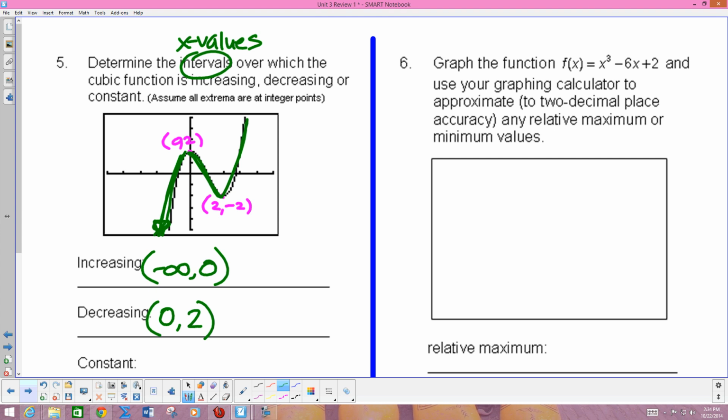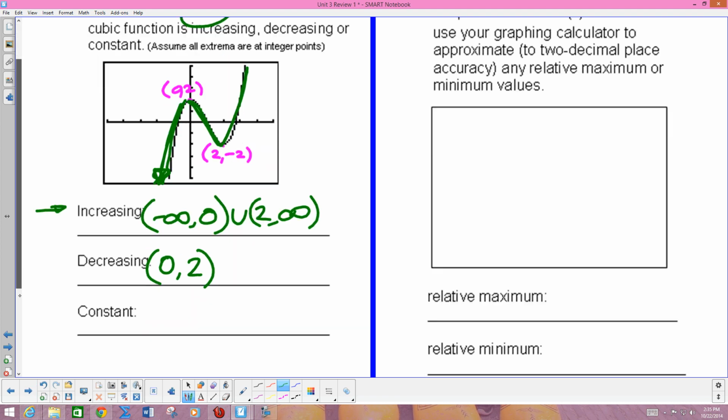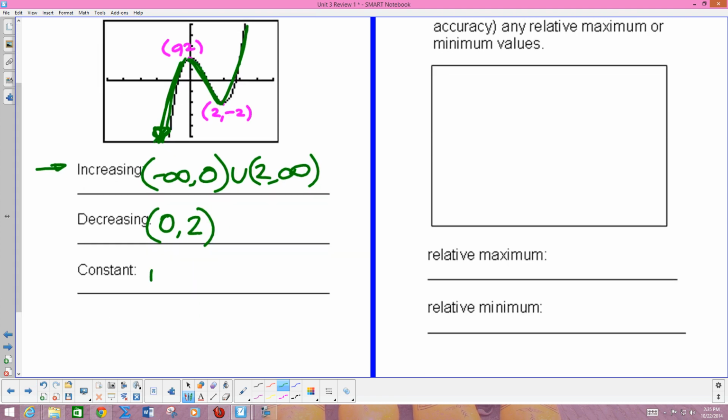I am increasing. So increasing has more. So since it has more, I'm going to say there's a union. And where does it start at? 2. And where does it go to? Infinity. And I put my parentheses here. And then for a constant, don't leave it blank, please. But there is none. You could also say not applicable if you want to. There is no constant this time.